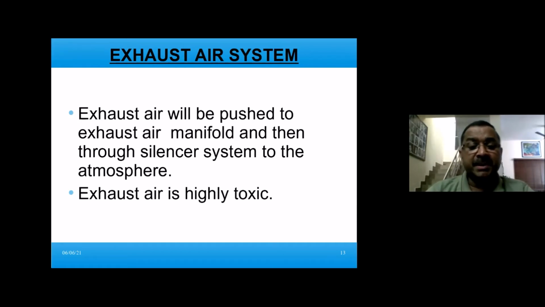In all engines, you can see a silencer system in the exhaust gas path. One of the points you have to note is that this exhaust air is highly toxic.